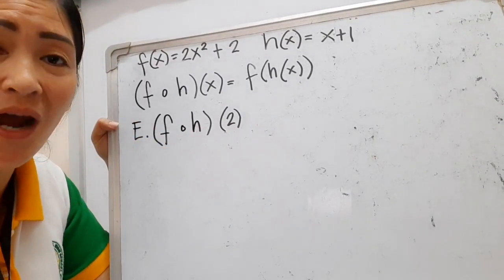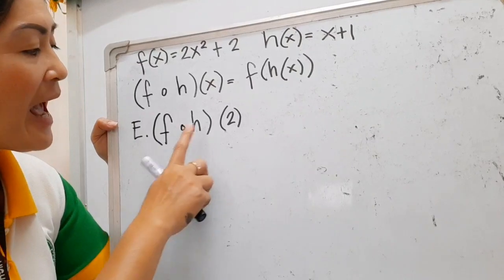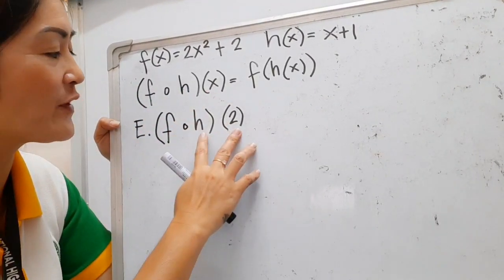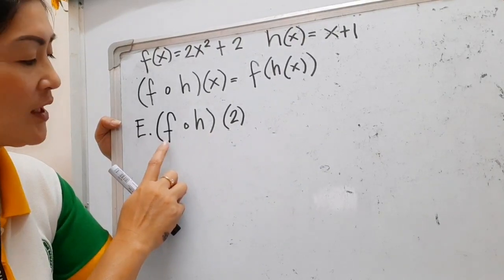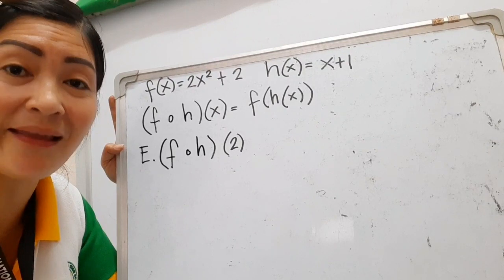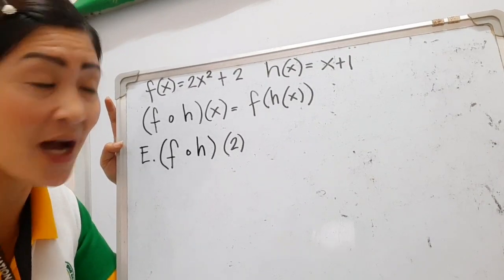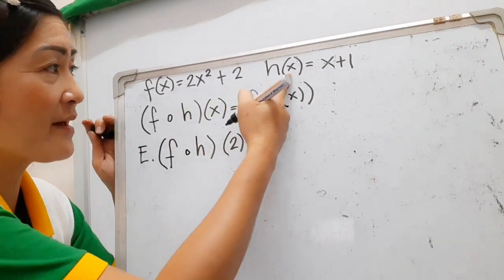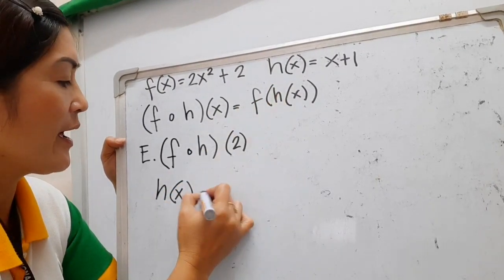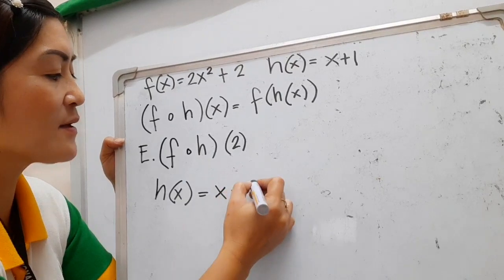So first, we are going to evaluate h of 2, and after that, the answer for this one, we will substitute it to the first function. So we need to evaluate h of 2 first. So our h of x is equal to x plus 1.